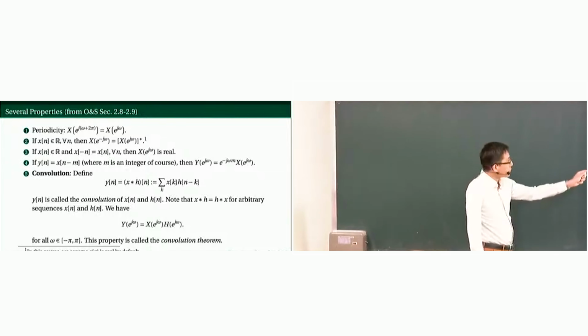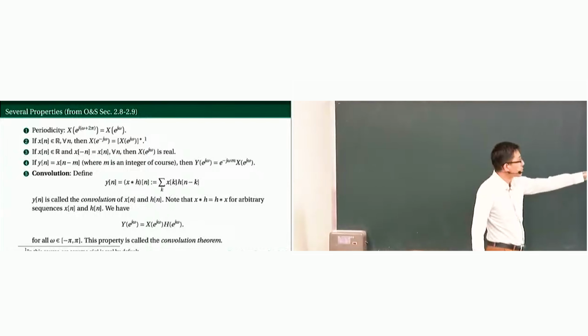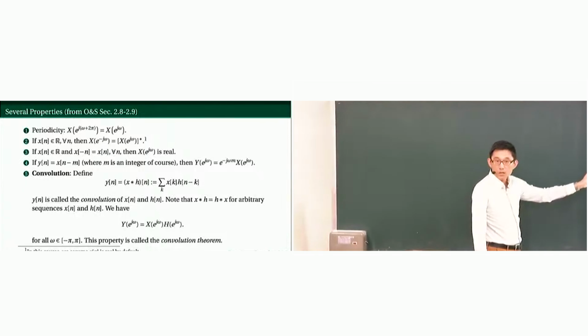So I want to just summarize that the first property you should be aware of is periodicity. The 2 pi, any spectrum for DTFT. This will not be true for general Fourier transform, not true. But for discrete time Fourier transform, when we use small omega to denote the frequency, this spectrum is periodic. Every 2 pi, the spectrum repeats itself.